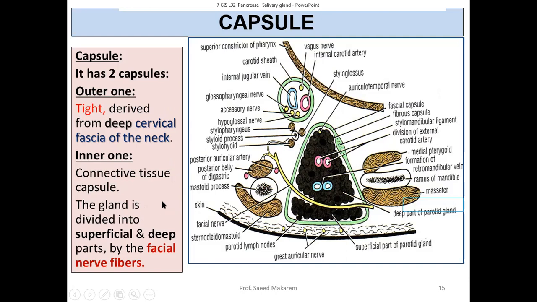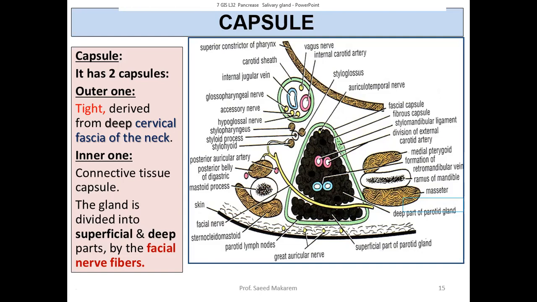The gland is divided into superficial and deep parts by the facial nerve fibers. If you see, the facial nerve will be passing through the gland. So this is the facial nerve here. The part which is superficial to it will be called the superficial part. The part which is deep to that facial nerve will be called the deep part. So the facial nerve passing through this divides the gland into superficial and deep parts.